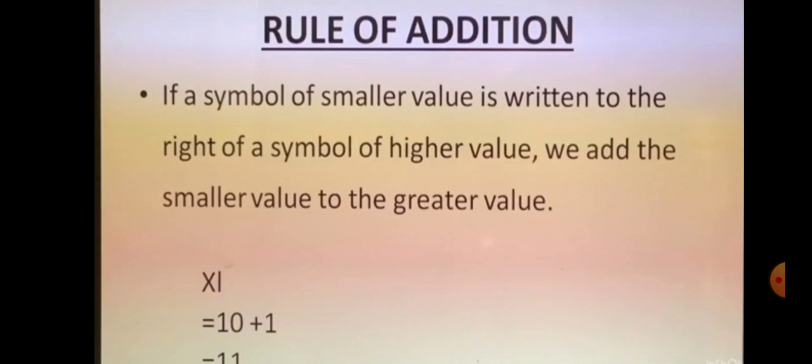The symbol I has a smaller value, equal to 1, and X has value 10. The smaller value is written to the right of the symbol with higher value, so in this case we add them. Value of X is 10, value of I is 1. So 10 plus 1 is equal to 11. So XI in Roman numerals represents 11.